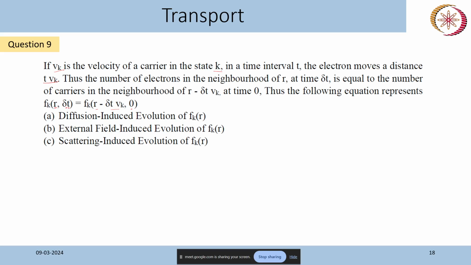So what does the equation represent? The options are diffusion induced evolution of Fk, where Fk is the carrier distribution function; external field induced evolution of Fk; scattering induced evolution of Fk. What it actually represents is how the carrier distribution is changing because of diffusion, because of an external field, that means drift, or because of scattering.